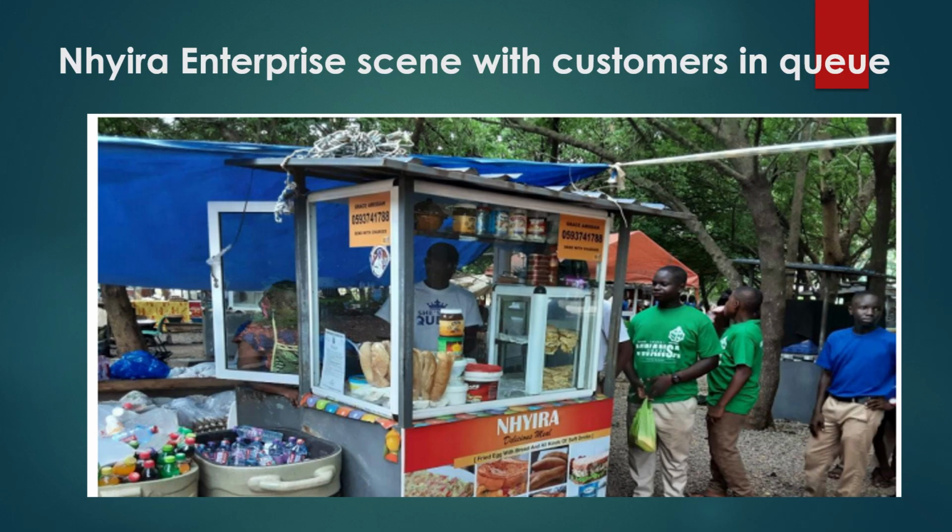And before that, let's consider this picture. Inshira Enterprise seen with customers in the queue. We see customers standing in the queue at Inshira Enterprise. These customers, those who are in the queue, are buyers. They have come to the market with money and they want to exchange that money for food and drinks.